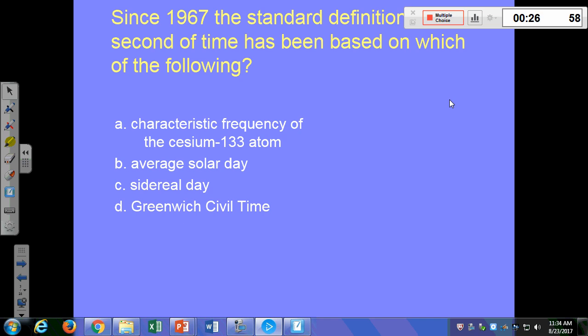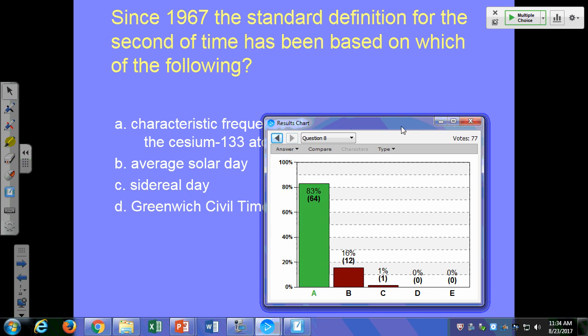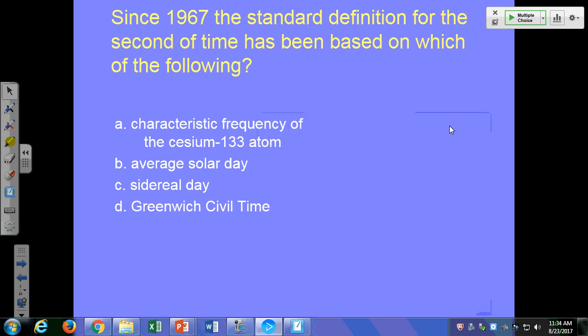Stop at 35. Okay, awesome. A is right. It's based on this characteristic frequency. It's a physical constant. The frequency of that cesium atom never changes, and so it makes for a nice standard definition.